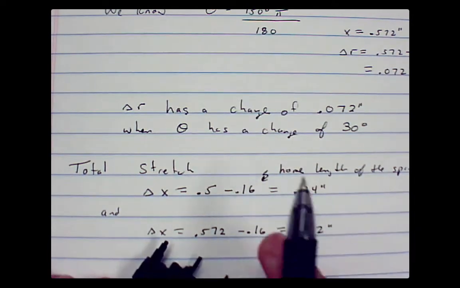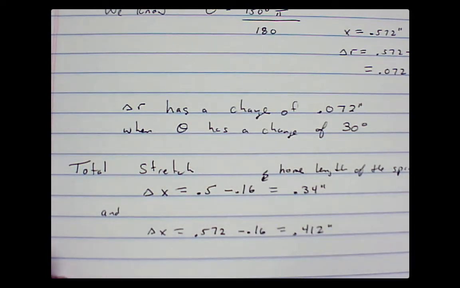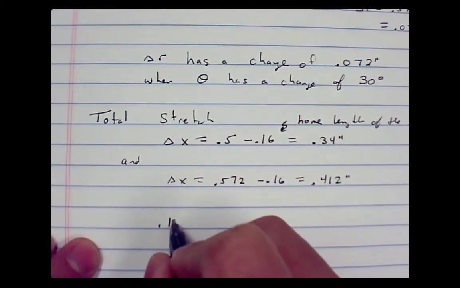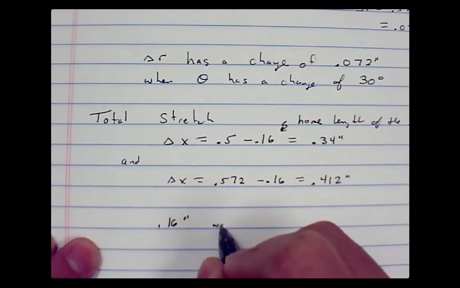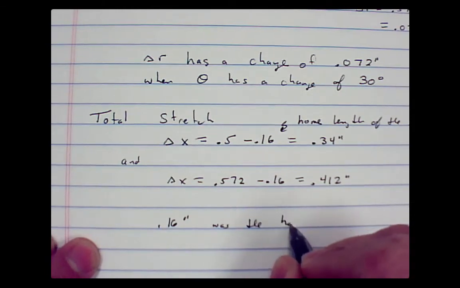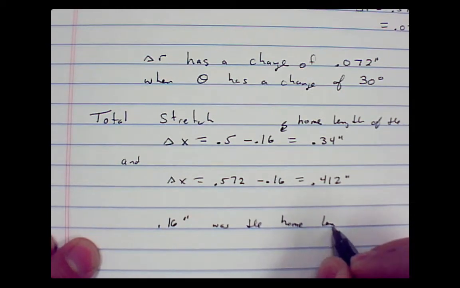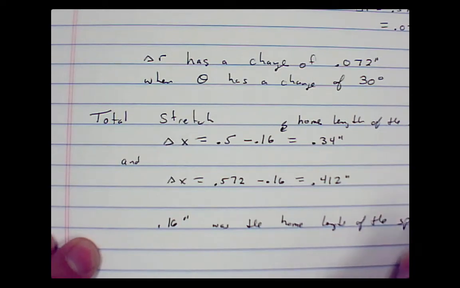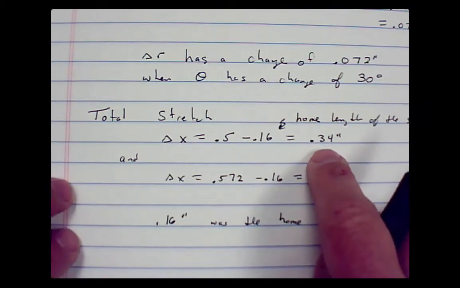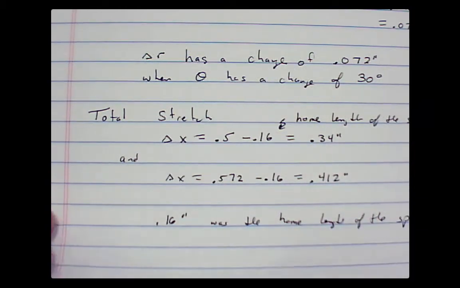That's the total deflection. And so let me reiterate, the 0.16 inches was the home length of the spring. And you actually had to pull the spring to 0.34 inches to get it in the camera.